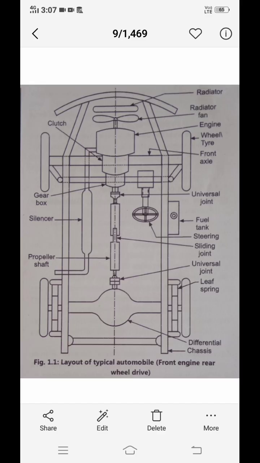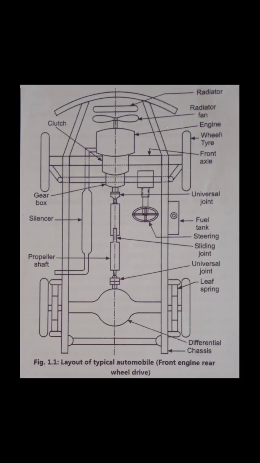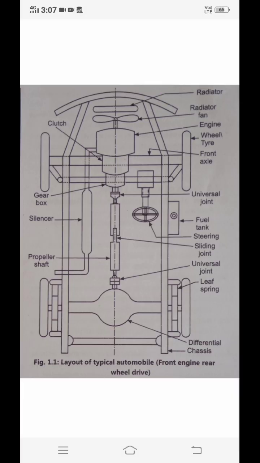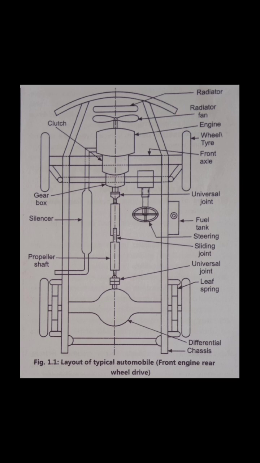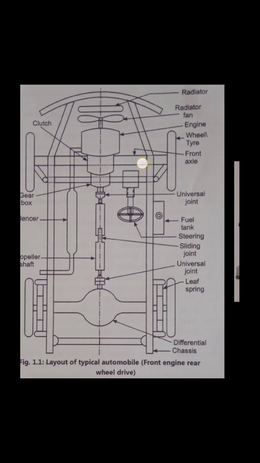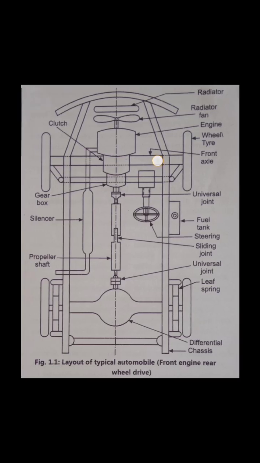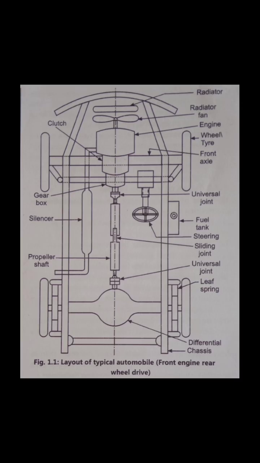You can see the various components which are mounted on the chassis: the radiator, then the radiator fan, the engine, the wheels and tires, front axle, then the clutch, gearbox, universal joint, then fuel tank, steering, sliding joint, universal joint, then differential and leaf spring, propeller shaft, silencer, gearbox.